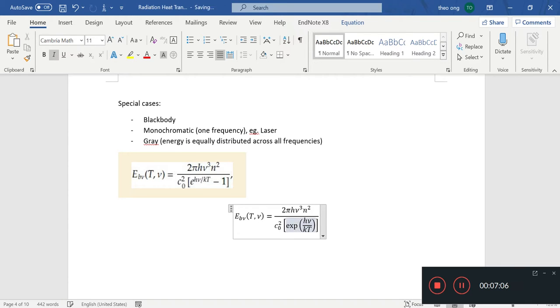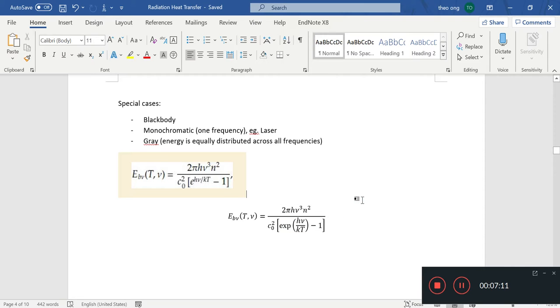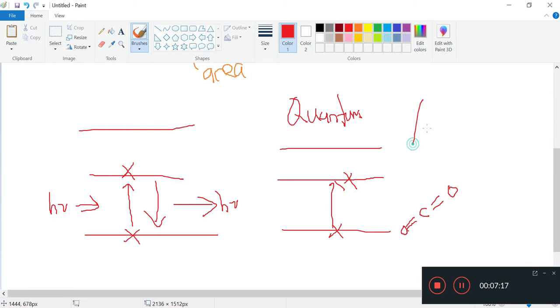So this is some sort of an Arrhenius relationship. If you have ever seen an Arrhenius relationship before, let's say there's a rate constant, it's some exponential of some activation energy, or some energy over RT.